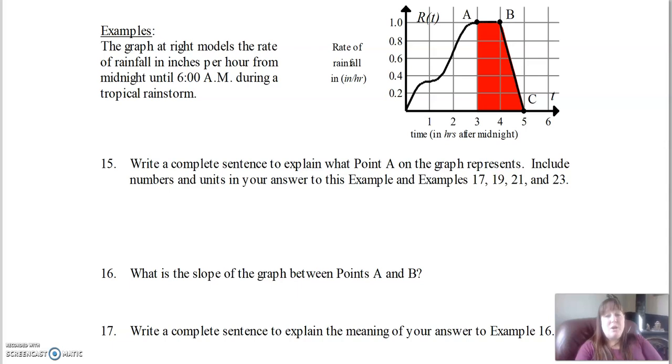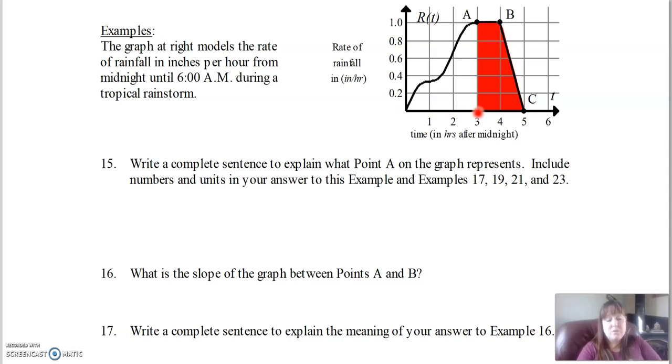So not just saying the rate of change at t equals 3 is 1. Let's say a little bit more. Okay, so let's be a little bit more descriptive. So who cares what this graph means? That's what we're trying to figure out. What does it mean? Well, it means that at time equals 3, the rate of the rainfall is 1 inch per hour.